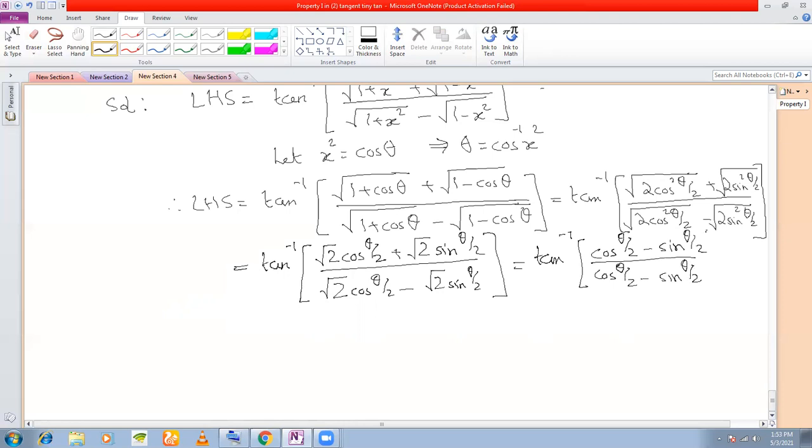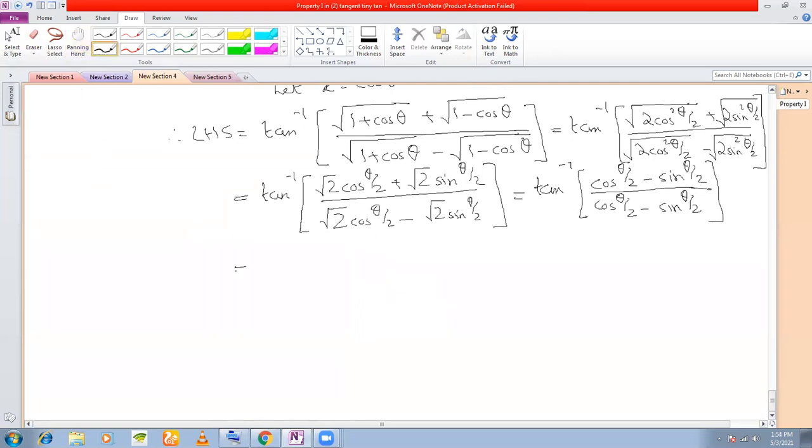Now you just need to recall a little bit of your class 11 trigonometry. If you remember, I had shown you this kind of example where (cos theta plus sin theta) by (cos theta minus sin theta) can be expressed in terms of tan if you divide the numerator and denominator by cos theta by 2. If you divide the numerator and denominator by cos theta by 2, you get 1 plus sin theta by 2 by cos theta by 2, divided by 1 minus sin theta by 2 by cos theta by 2.